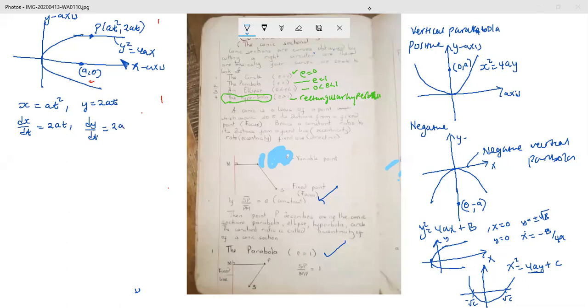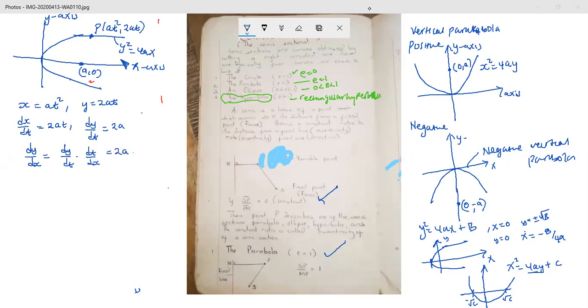When I use the chain rule, I can have dy/dx to be equivalent to dy/dt times dt/dx. dy/dt I've already attained as 2a.